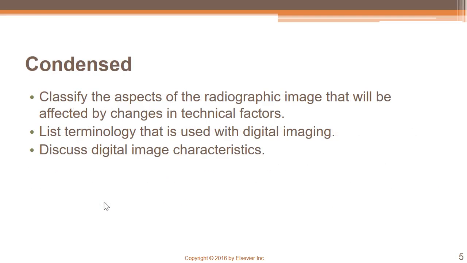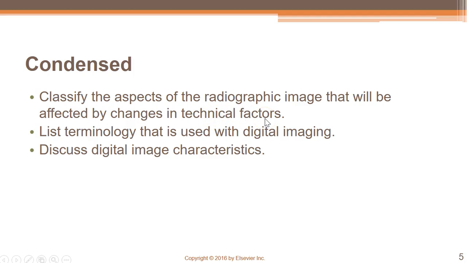Now, condensed, these are the three objectives that are listed in your course syllabi or on your Blackboard under this module, and it's classifying the aspects of a radiographic image that are affected by changes in technical factors.